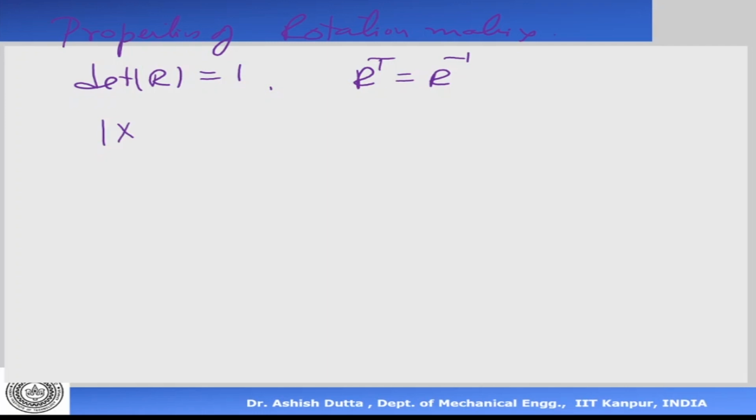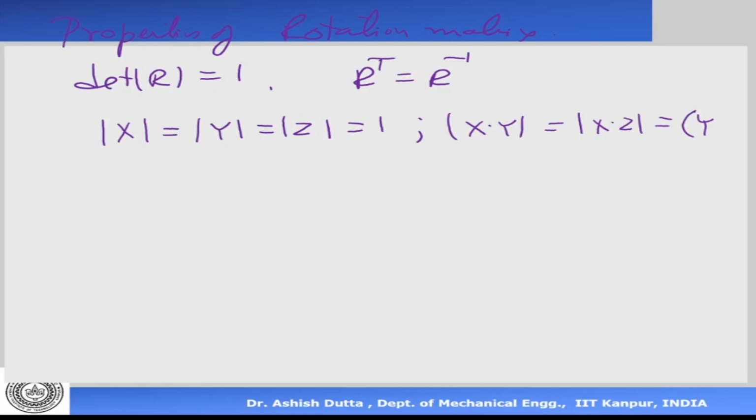Then each of the columns: mod of x is equal to mod of y is equal to mod of z, which is equal to 1, and then x dot y is equal to x dot z is equal to y dot z is equal to 0. Why is this happening? Essentially, this is happening because the axes are unit vectors and they are 3 orthogonal unit vectors. That is the reason why these conditions hold.